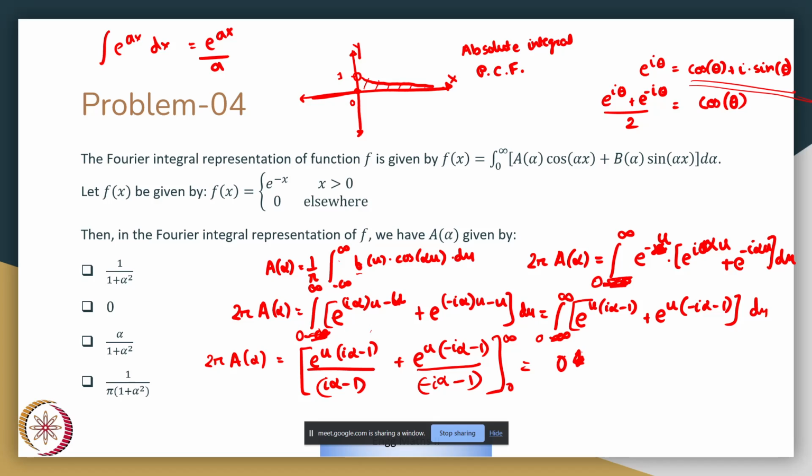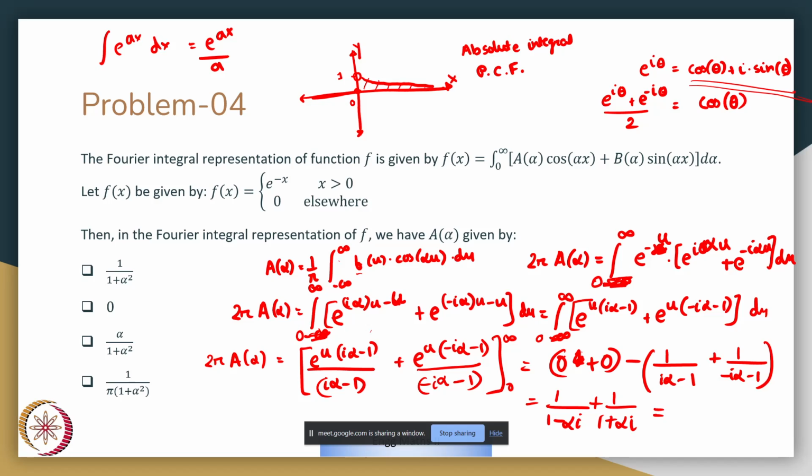So for the infinity, it's 0 plus 0 minus 1 by (i alpha minus 1) plus 1 by (minus i alpha minus 1), which is 1 by (1 minus i alpha) plus 1 by (1 plus i alpha).